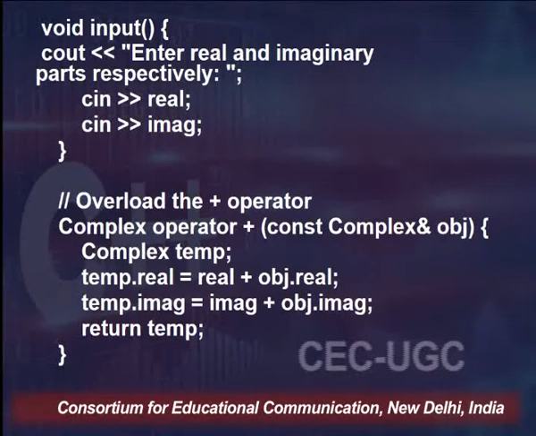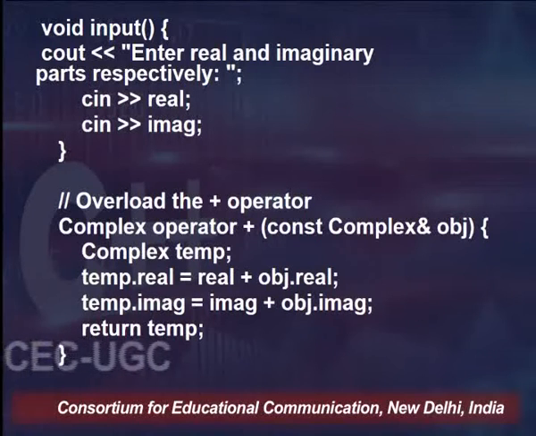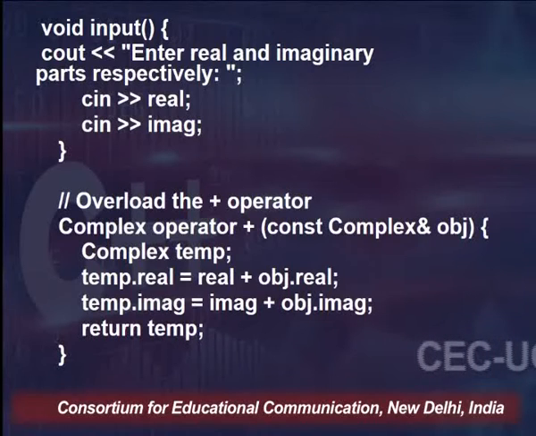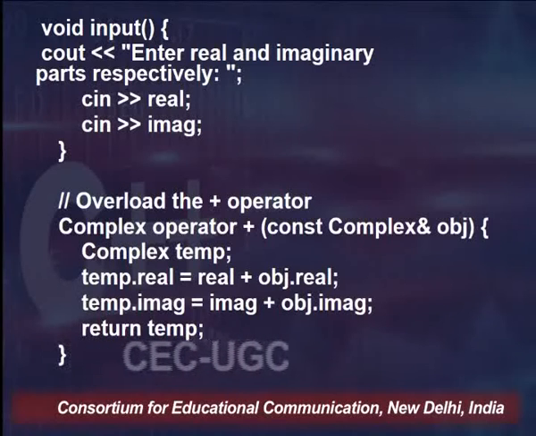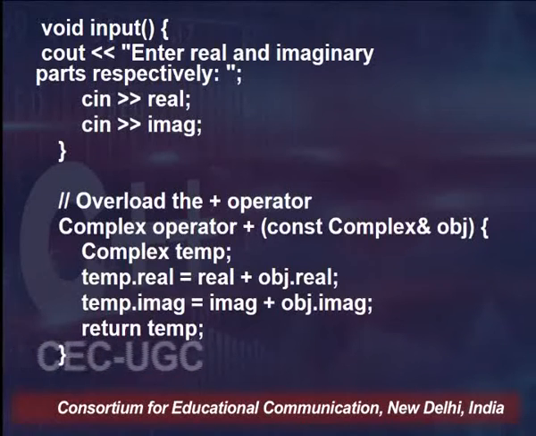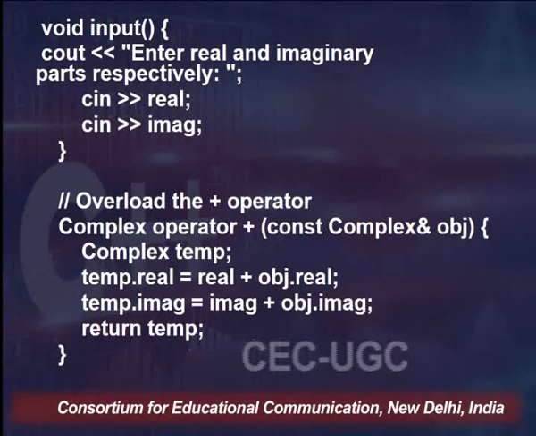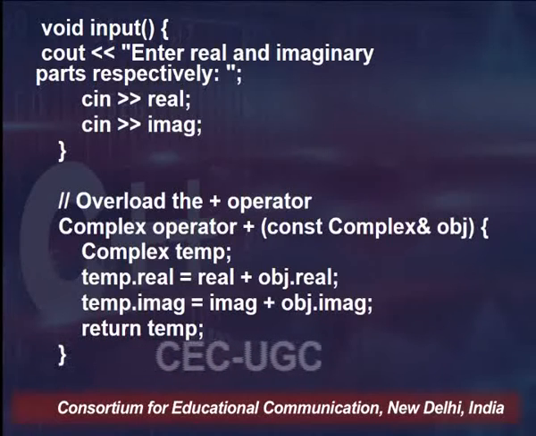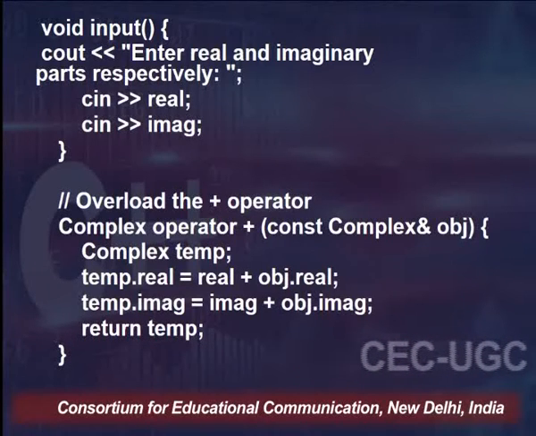and the value which is named as real here without any dot operator refers to the object which is calling the overloaded operator. So one is real, another one is obj.real. So obj.real is the real component of this obj which is being passed here, and the real part is the private value of the object which is calling this plus operator.